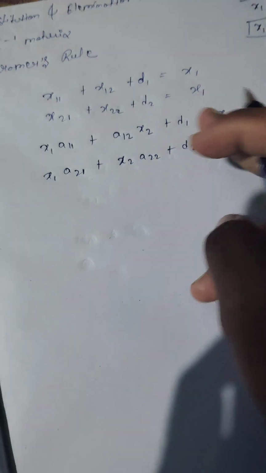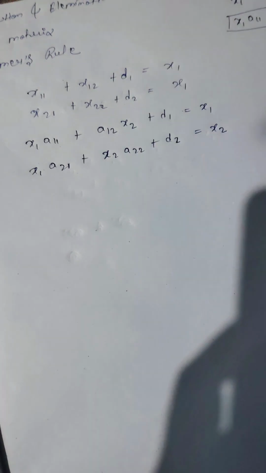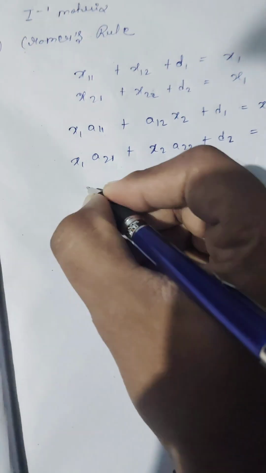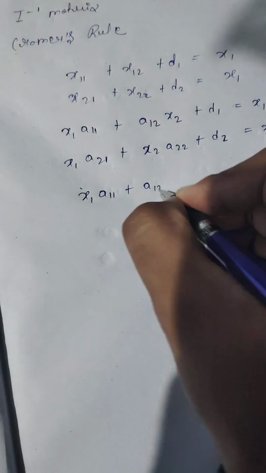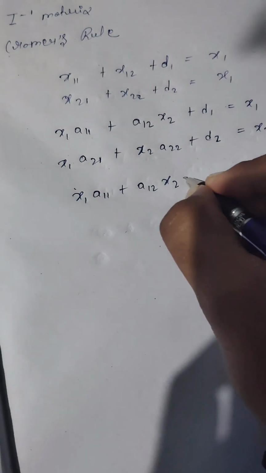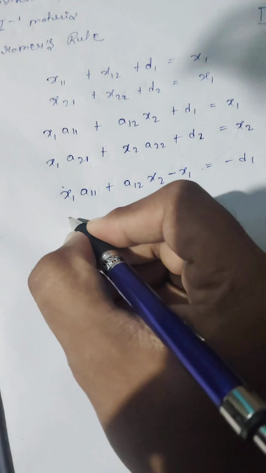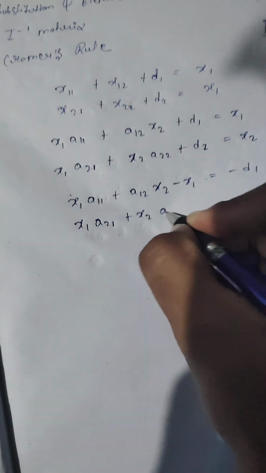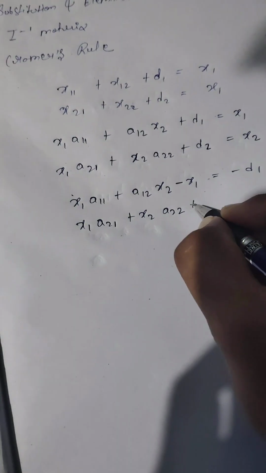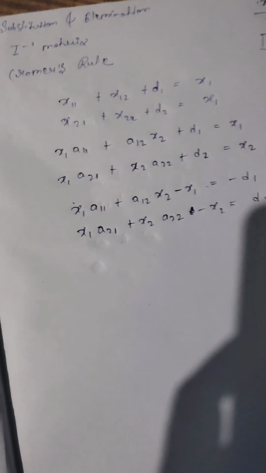Now we will take X1 inside and put D1 and D2 on the right hand side. So X1 A11 plus A12 X2 minus X1 is equal to minus D1. X1 A21 plus X2 A22 minus X2 is equal to minus D2.